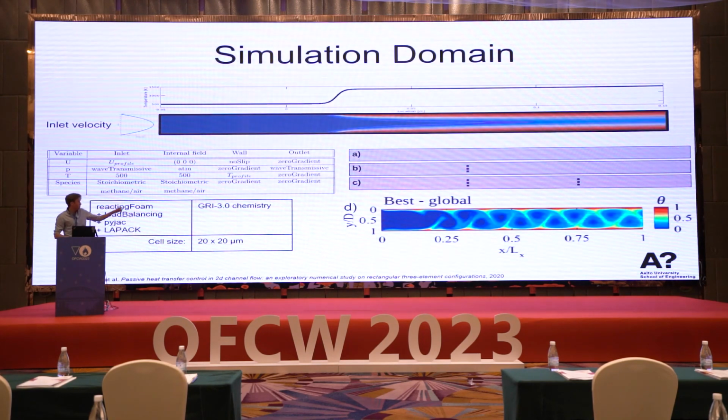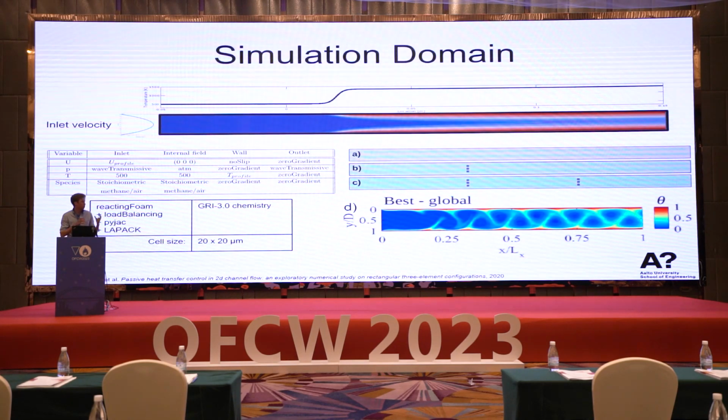On the right we have 3 different domains: an empty channel, then 2 domains with either 1 or 2 sets of vortex generators. This vortex generator type is from Vili-Petteri's own unpublished paper, where he studied which configuration would be the best for heat transfer from the hot walls into the mixture.